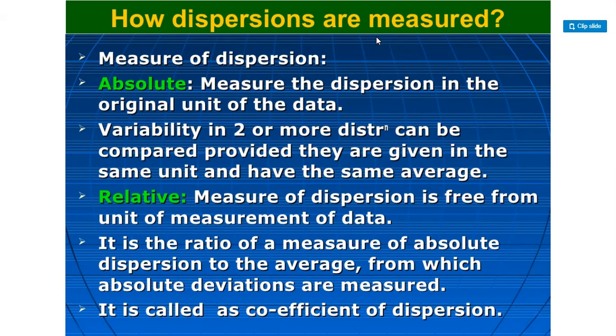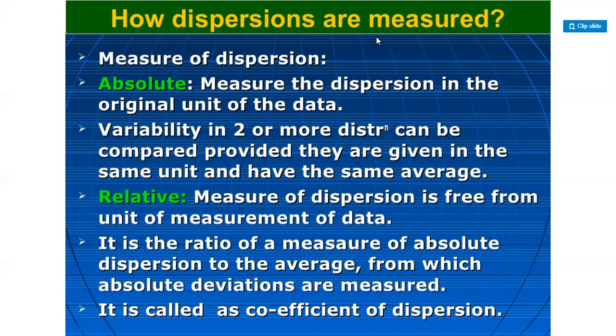In absolute measures, the dispersion is in the original unit of the data. Variability in two or more distributions can be compared provided they are given in the same unit and have the same average. Measures of dispersion which are expressed in terms of the original units of a series are termed absolute measures.